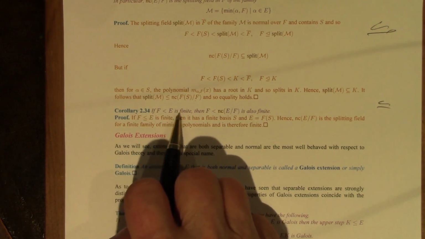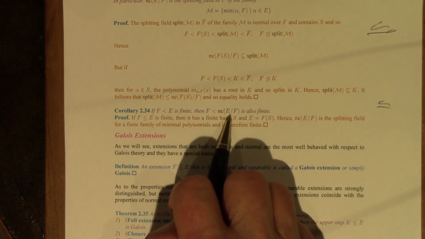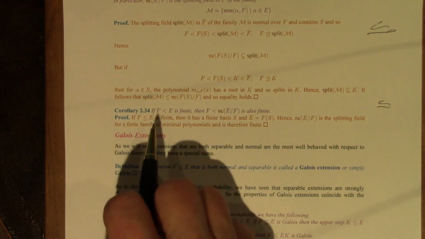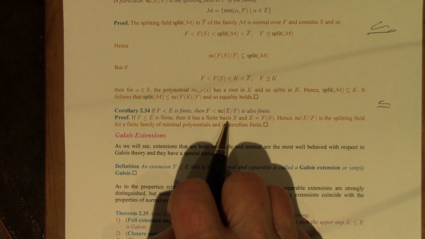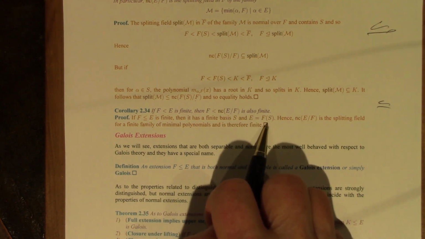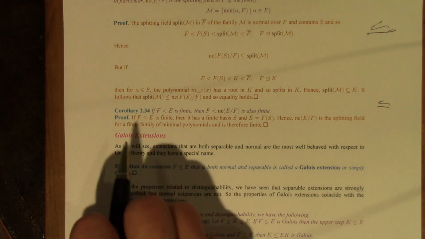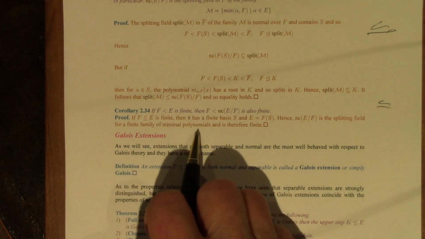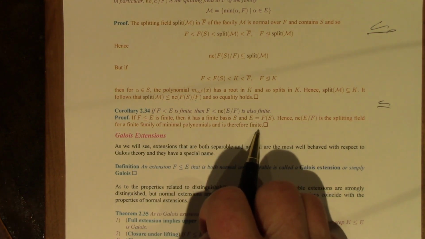If FE is a finite extension, then so is the normal closure of E over F. If FE is finite, then it has a finite basis S, and so E is FS, where S is a finite set. The normal closure is then the splitting field for a finite family of minimal polynomials, and is therefore finite.